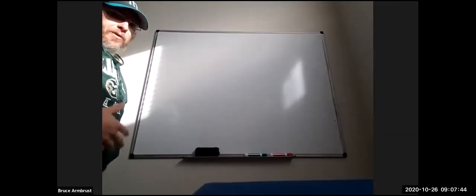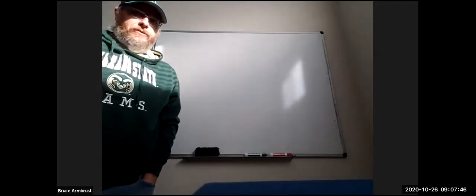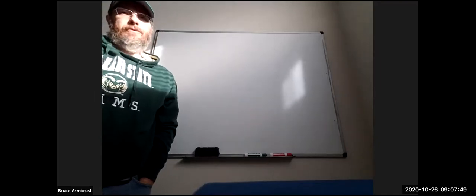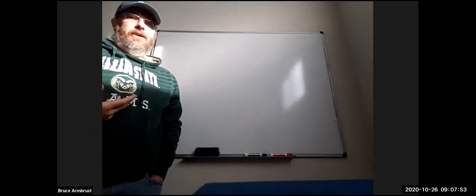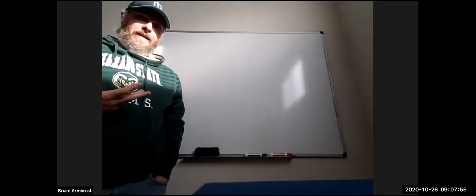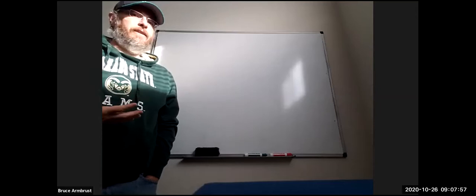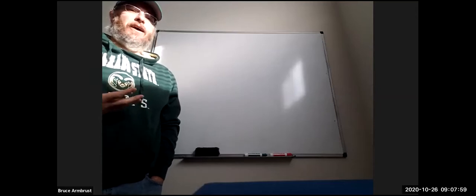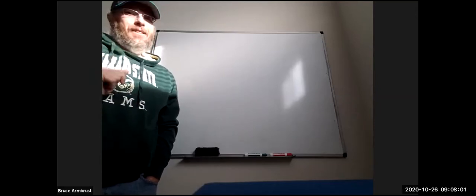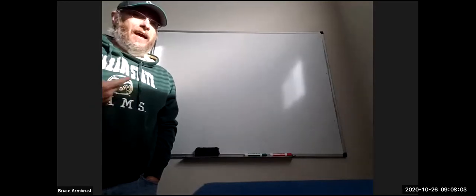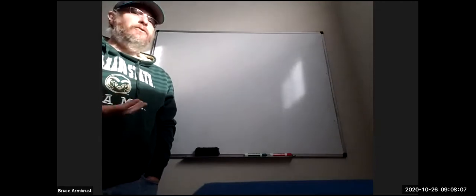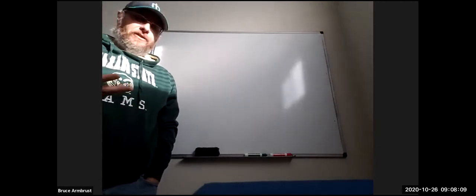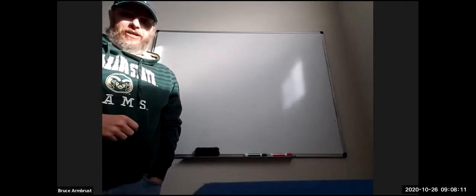All right, so last time we were talking related rates. We're going to be asked how something is changing, like how quickly a distance is changing, or an angle, or a volume.